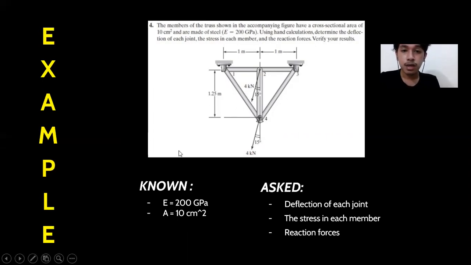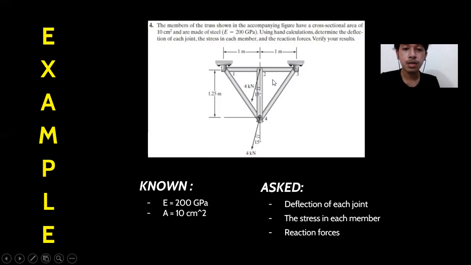So yeah, we get to see here in the picture that we have 4 trusses, where there is one truss that is divided by another truss.